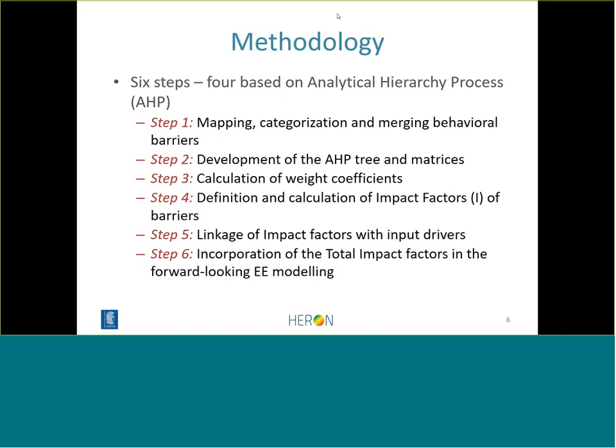We calculated, following the AHP procedures, the weight coefficients, and based on this step, we were able to define and calculate the impact factors of the barriers. Then we linked these impact factors with the input drivers, the technologies that are used in our scenarios, and we incorporated the total impact factors in our model.